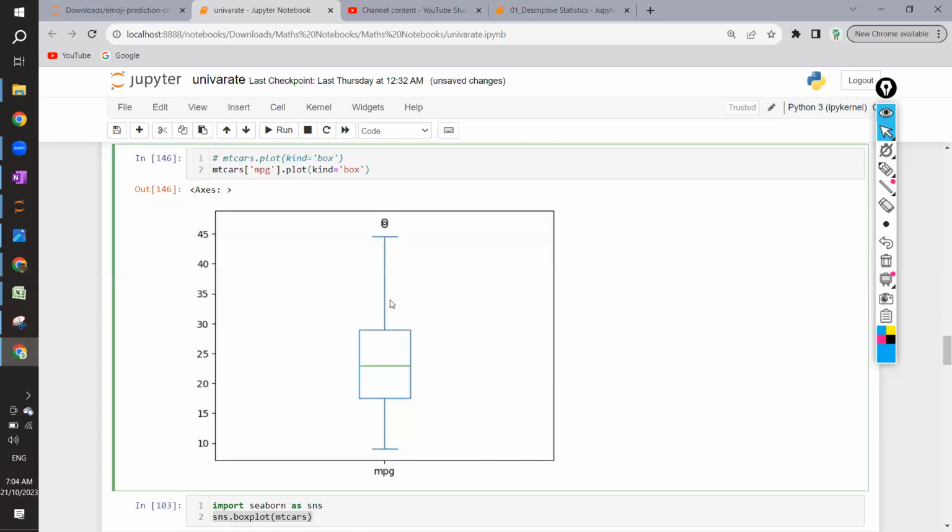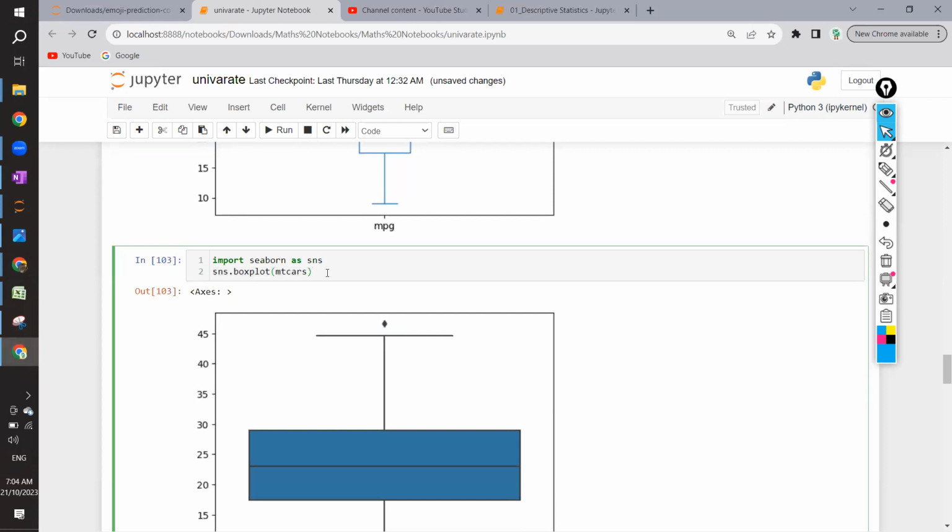But you can also draw a box plot using seaborn, guys. As I said, in data science you mainly have matplotlib for visualizations, and then you have something called seaborn.